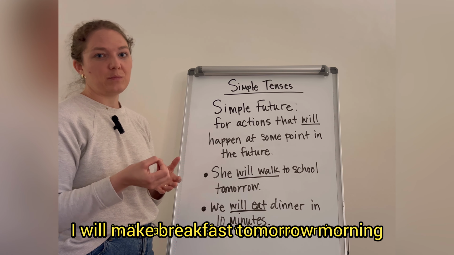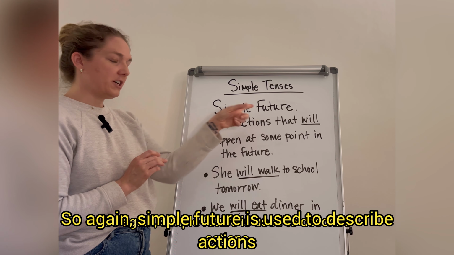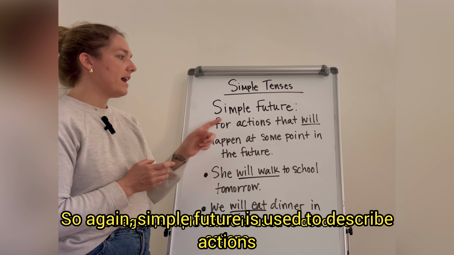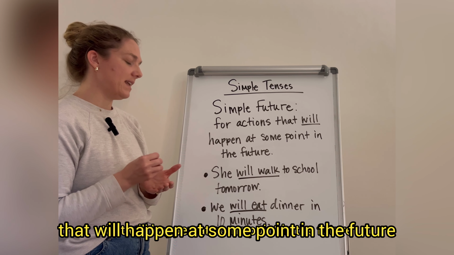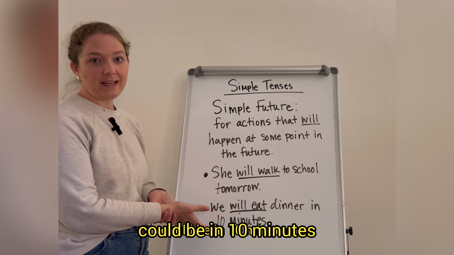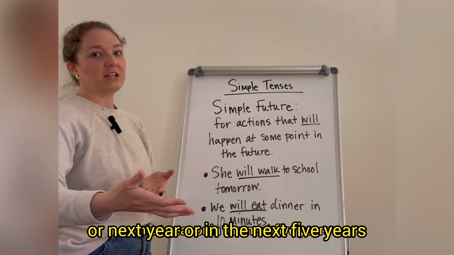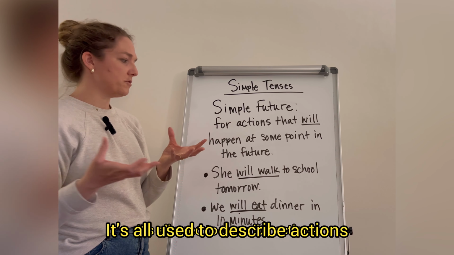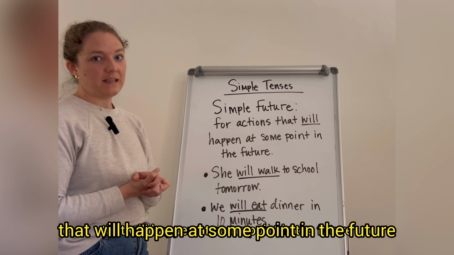So again, simple future is used to describe actions that will happen at some point in the future. Could be tomorrow, in 10 minutes, next week, next year, or in the next 5 years. It's all used to describe actions that will happen at some point in the future.